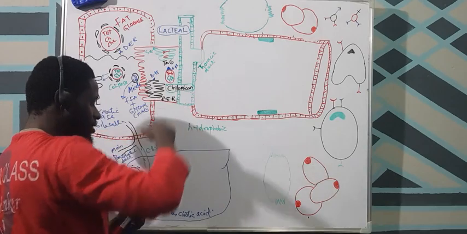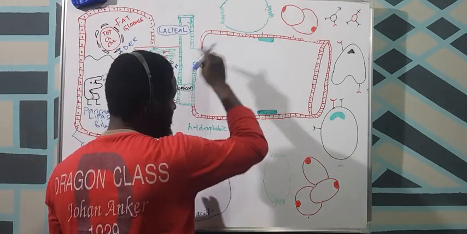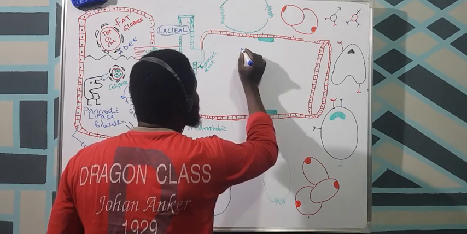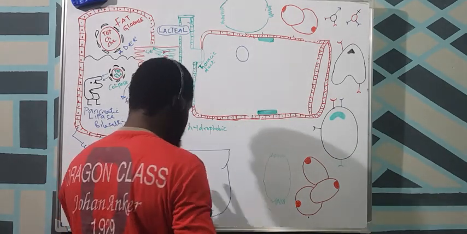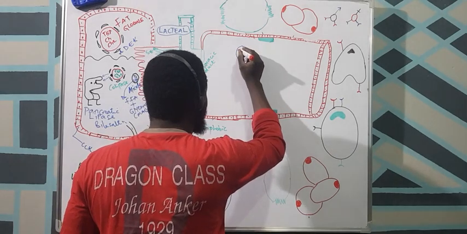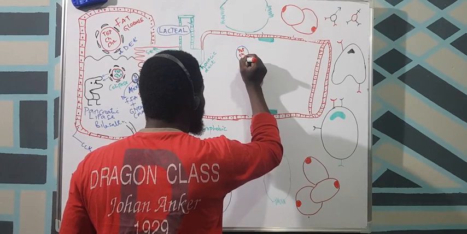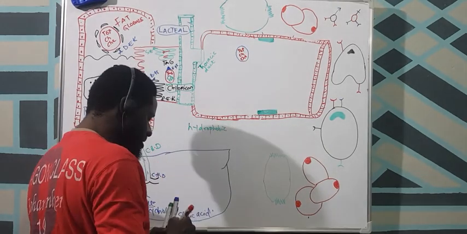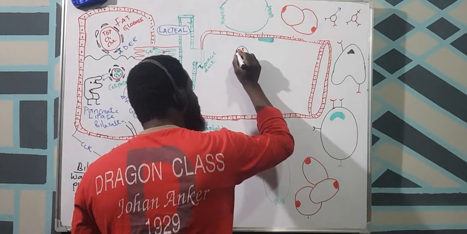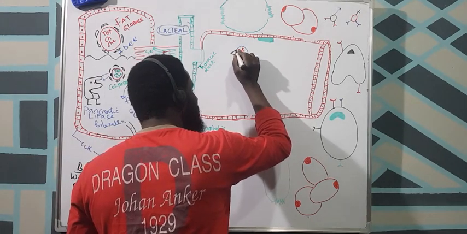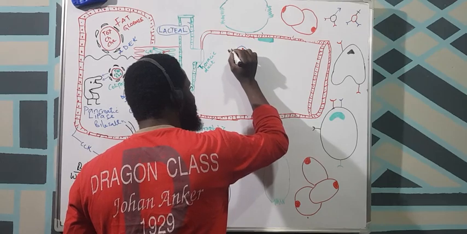So the chylomicron is now inside the bloodstream. This is my chylomicron. I have a high amount of triglyceride, some cholesterol and even some cholesterol esters. What is the protein associated with it? ApoB48.